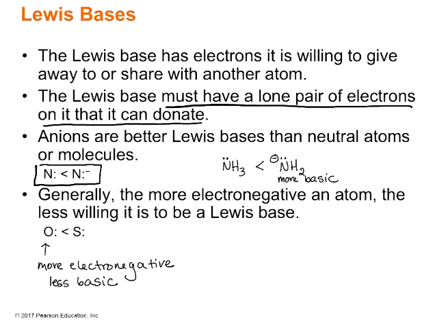The reason that's true is that if oxygen wants to hold on to electrons, it's less willing to donate those electrons. It can still act as a Lewis base, but it just won't be as strong as, for instance, something with sulfur in it.